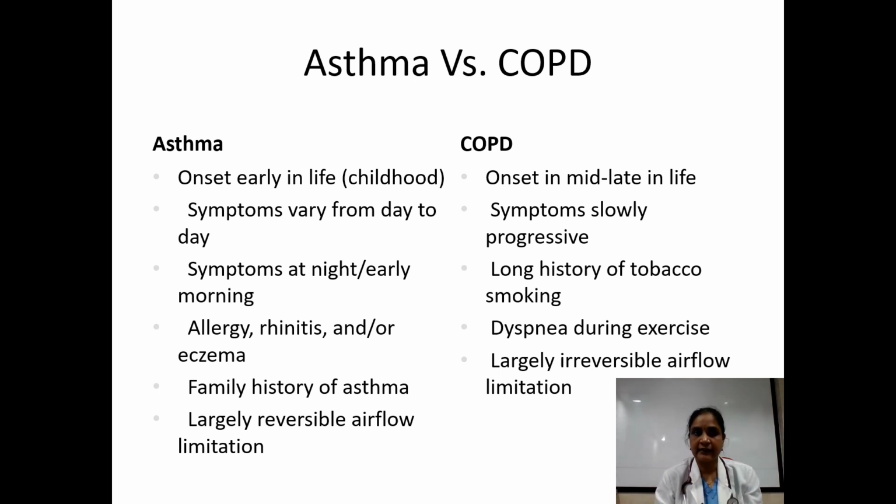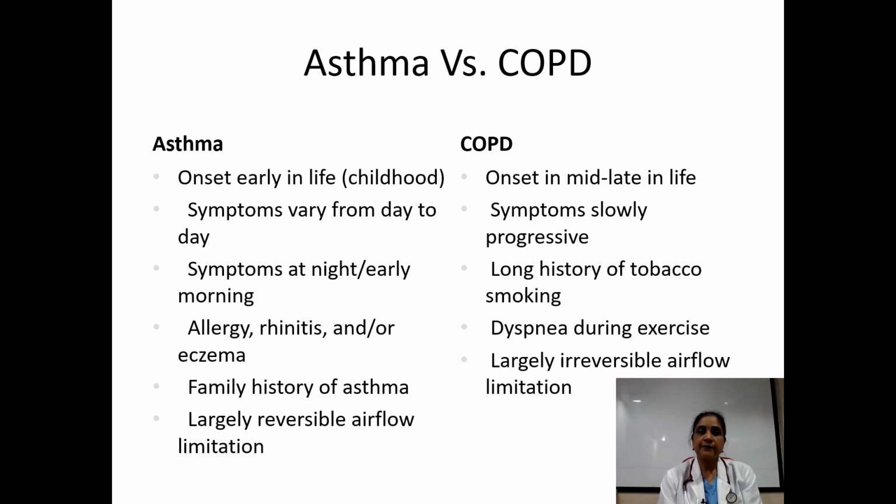Now, the most common diagnostic dilemma is to differentiate asthma from COPD. That is also very easy, because asthma happens early in life, not always, but mostly, while COPD, the definition itself requires some age group, like more than 40 years or mid-to-late in life.